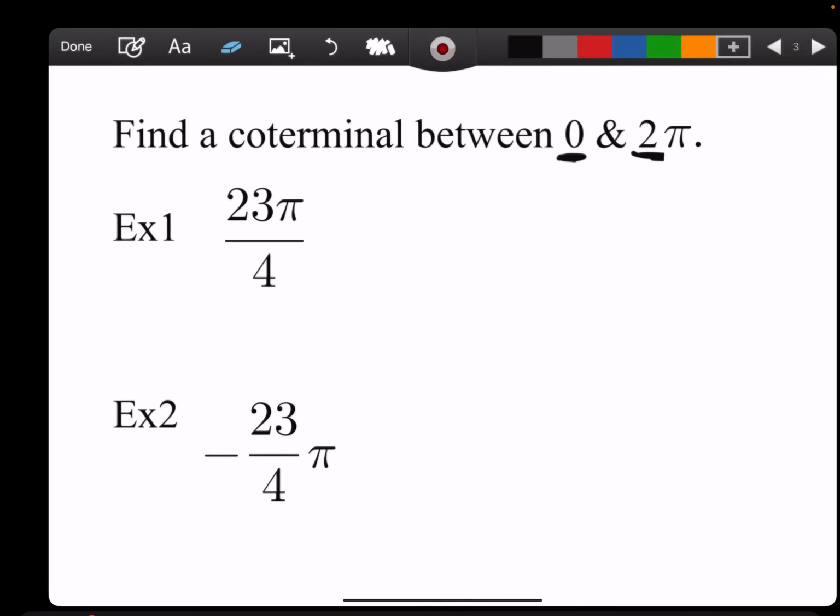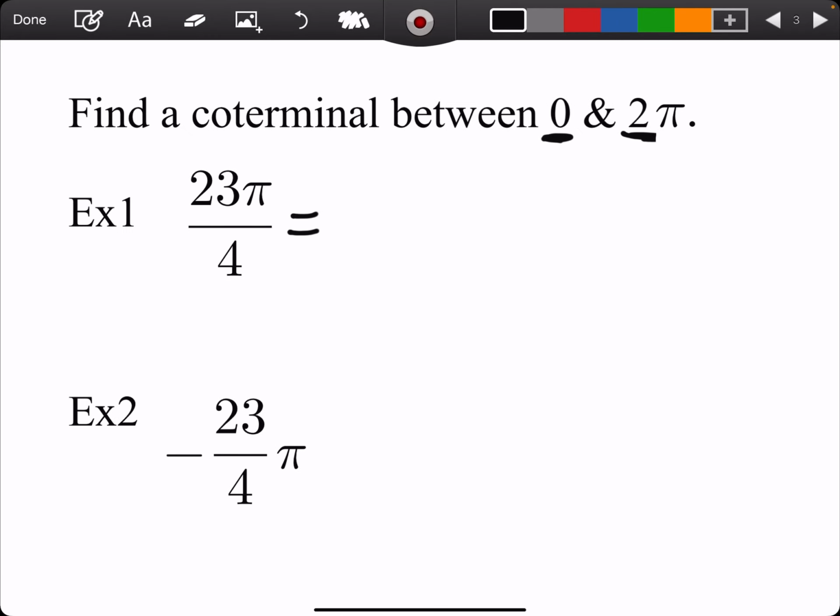So I can come back for a minute and say that this is going to be 7 pi over 4. And that's going to be my coterminal. All right, so this means that wherever 23 pi over 4 is, if I went around the circle twice, I would end up back at 7 pi over 4, which is between 0 and 2 pi. And you'll see later on why we would do that.